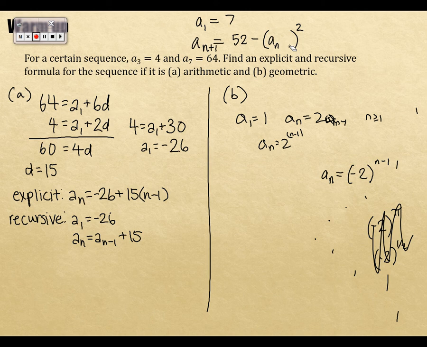Except for this rule, it's just off by 1 here, but the same rule. If you want to know what A2 is, then in this formula n is taking on the value 1, and we're talking about A2 being 52 minus A1 squared. So it actually does communicate the same information.